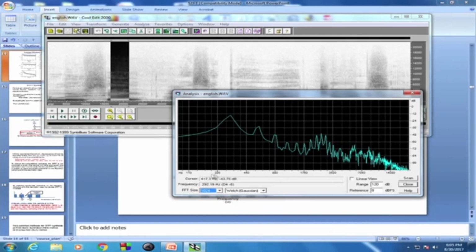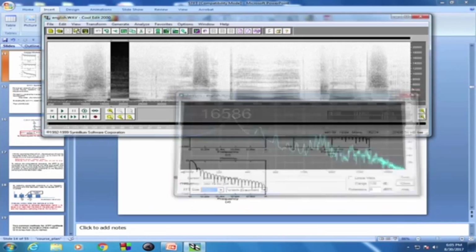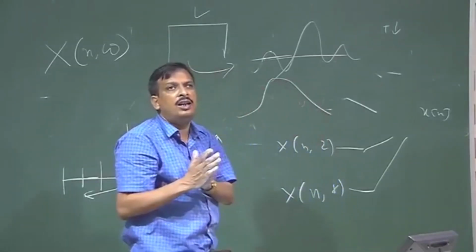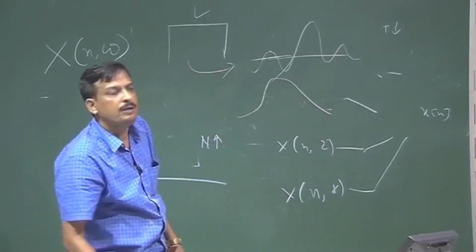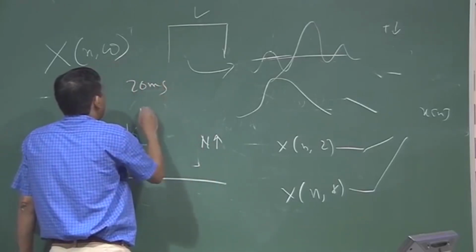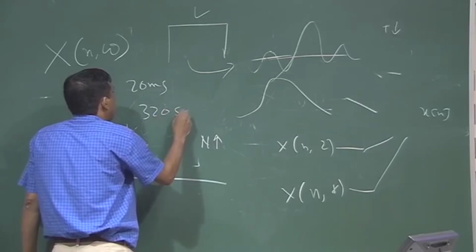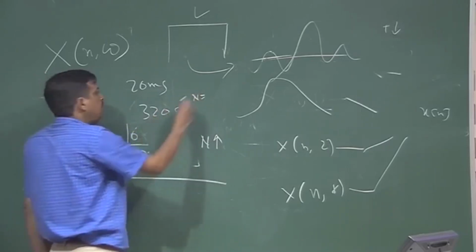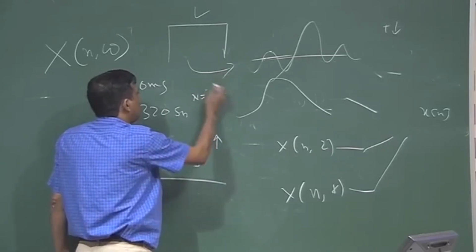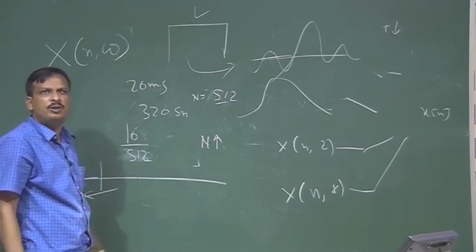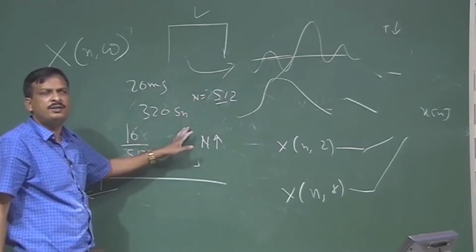So, depending on the choice, there are window sizes and windows. The window size comes from the length of your FFT. If the window length is 20 milliseconds, that means 320 samples, then my n is fixed to almost close to 320, which is 512, because it is implemented in FFT.